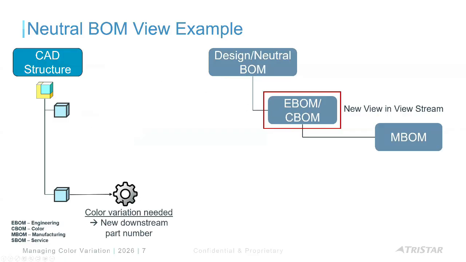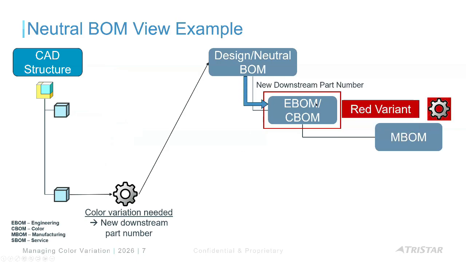Now, when there's a part that has a color variation, you can, first of all, create a neutral view and then create a new part number, which is like the 001, 002, and have that in that color or E-BOM view. Now, when you are already using existing parts, there's also a feature in Windchill called reassign view.